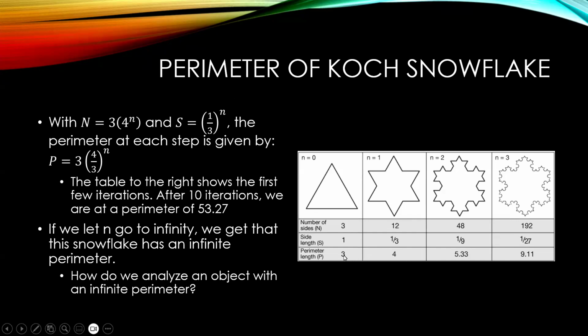And so the perimeter goes from 3 to 4 to 5.33 to 9.11. After 10 iterations, we're already at 53.27 as our perimeter. If we go on to infinity, well, if we let n be infinity, the perimeter is going to be infinite. And so we are going to have this shape which has an infinite perimeter. How do we do math with an infinite perimeter?